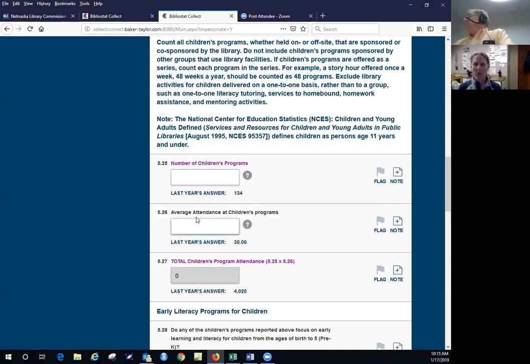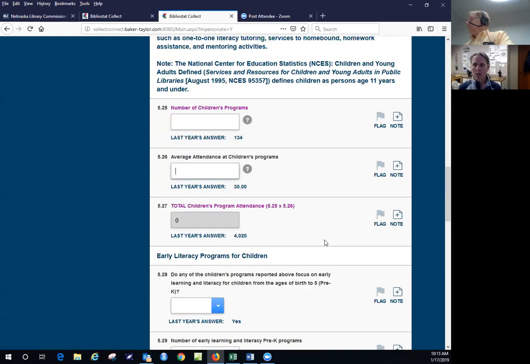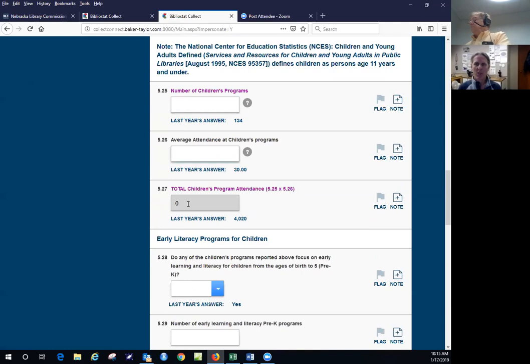So you count everyone that shows up at that program, regardless of their age. It's a bit of reverse engineering here because Bibliostat calculates the total, which is the number of programs times your average attendance. So if you had this number, you would just divide 5.25 by your total to get your average attendance here.